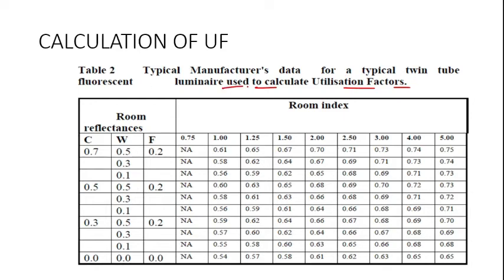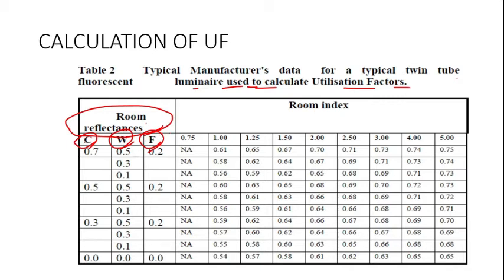As the luminaire selected changes, this manufacturer's data will change and all the values will correspondingly change. So we have the room reflectance values for ceiling, wall, then this is for floor. Assume that we are using this twin tube fluorescent luminaire, so that we can use this manufacturer's data for the calculation of utilization factor.